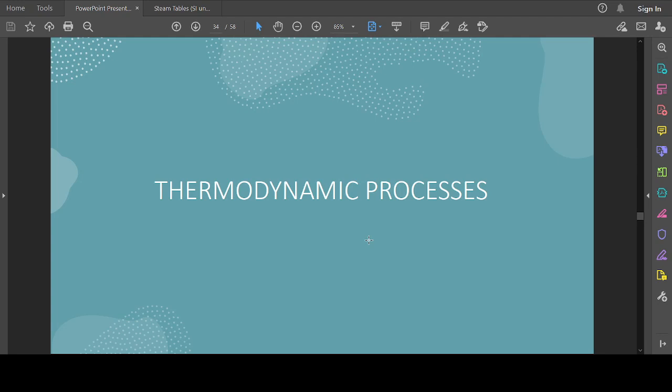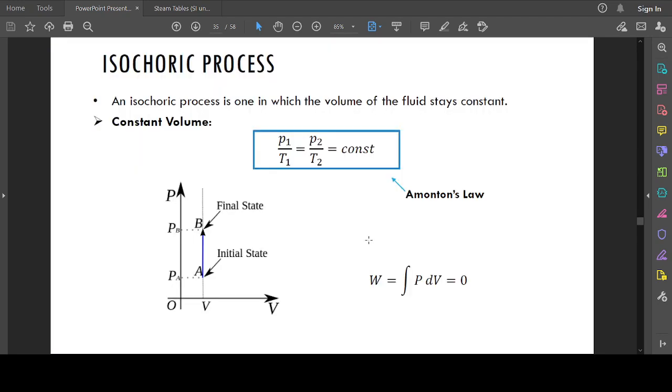So, thermodynamic processes. These are some of the thermodynamic processes, starting from the isochoric process. The isochoric process is when the system has a constant volume, and in this case, we can use other properties like the pressure and temperature, which are now the changing variables, to represent the system.